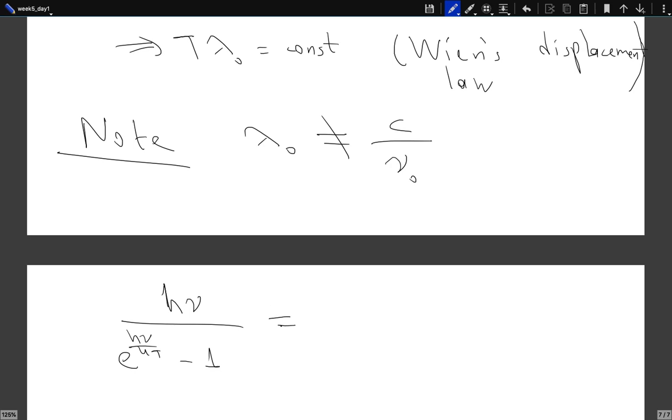Well, actually, if you write this, this is just h nu. Well, let's forget this h nu for the time being. E to the power minus h nu over kt, and from 0 to infinity.